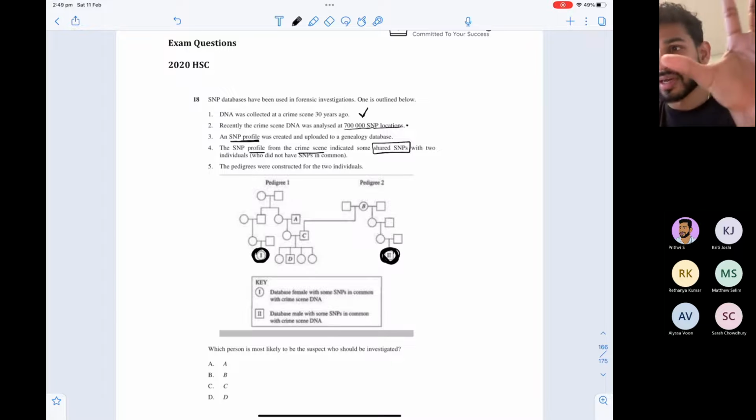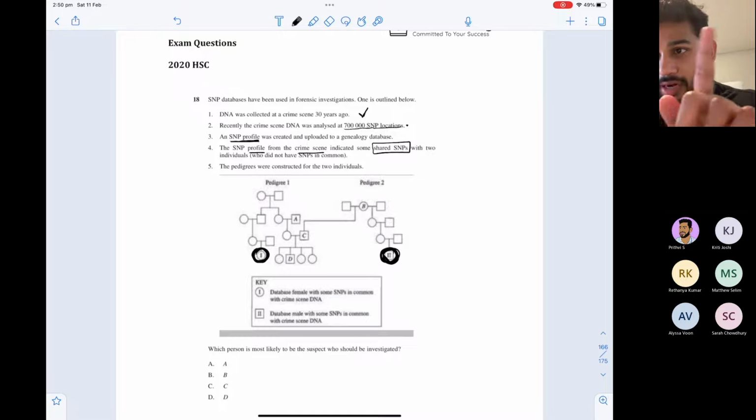Now, what you're seeing, everyone, is literally how we solve crime mysteries 40 years after the crime has been done. This is exactly what's done. We get the blood, we get 700,000 SNPs, put it on a database, and if on a genetic database we find any 2 people who have related SNPs to that person, we'll create a pedigree and find the link between those 2 people.